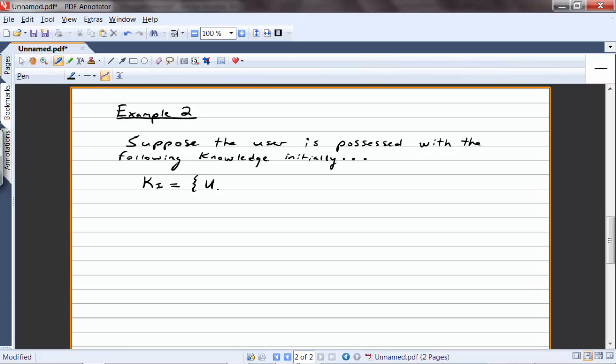So they know that there's an urn that has 5 balls: 2 of these 5 balls are red, 3 of the 5 are white. I'll put a colon so you don't get confused, because we're going to use the letter J to represent the variable that we care about in a second.